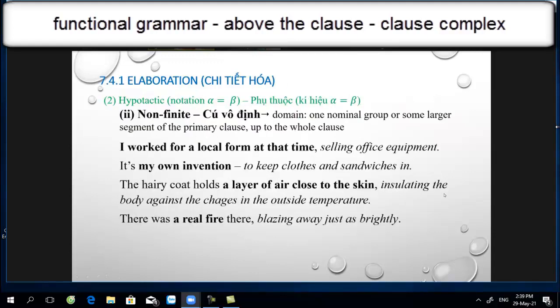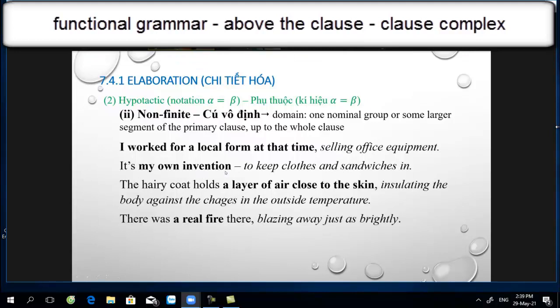And now we come to the non-finite, cú vô định, and its domain is about one nominal group, là một cụm danh từ, or some larger segment of the primary clause up to the whole clause. And the first example, I worked for a local firm at that time, selling office equipment.